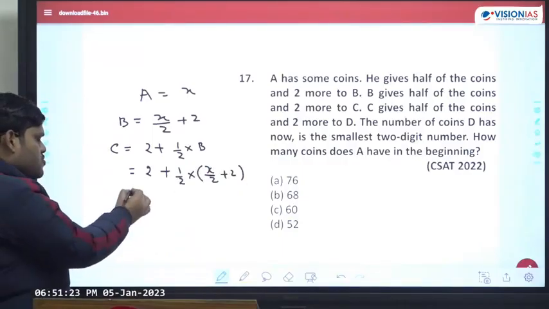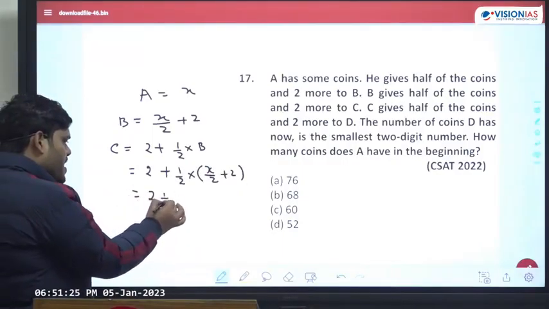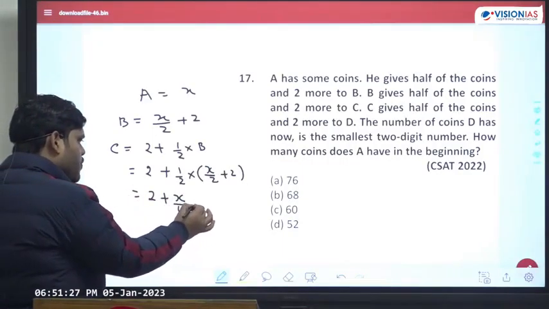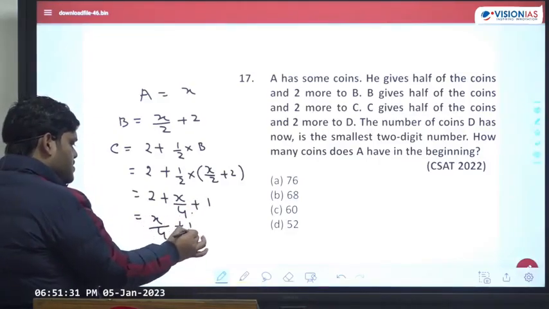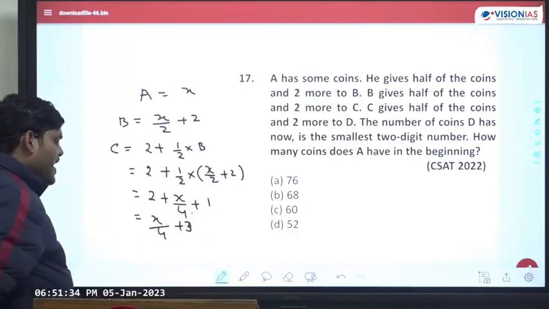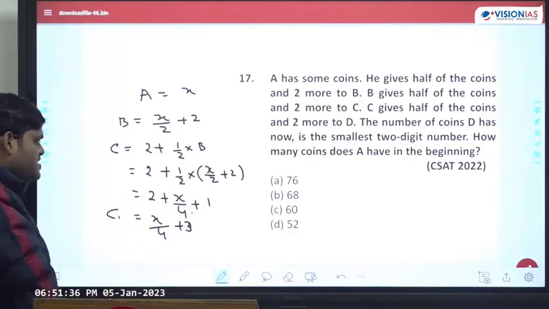So simply this will be 2 plus X by 4 plus 1, or simply X by 4 plus 3. This is the number of coins C receives.